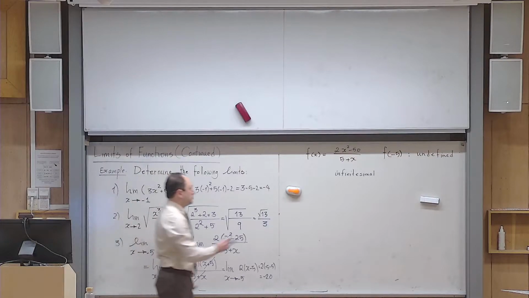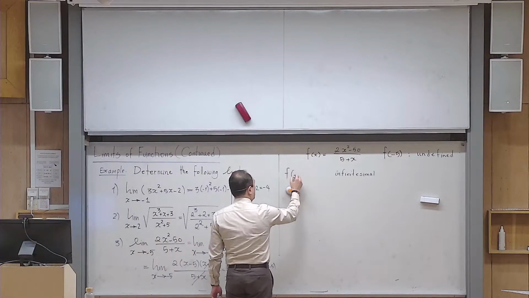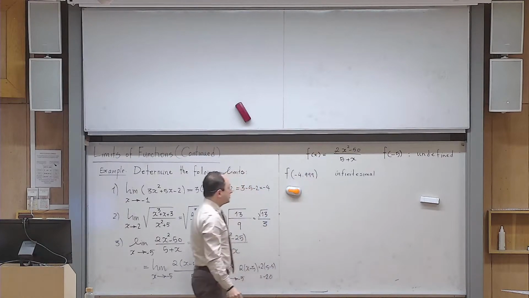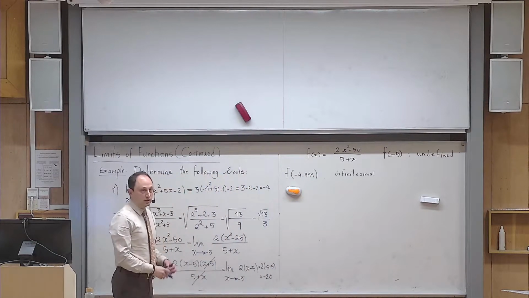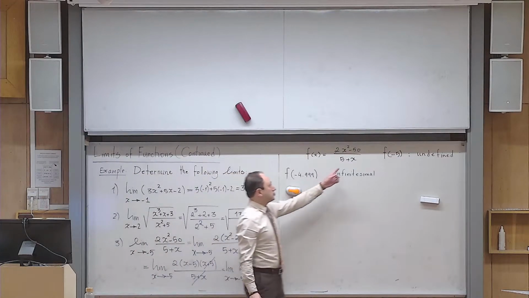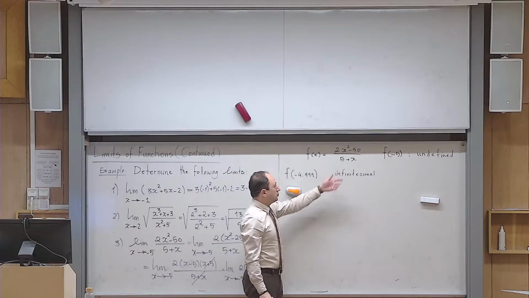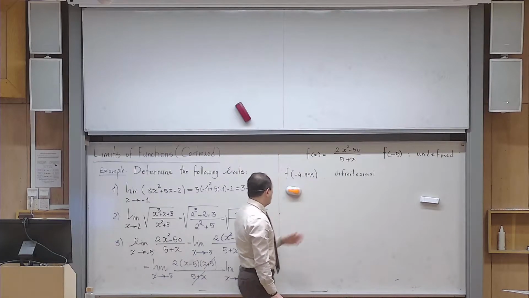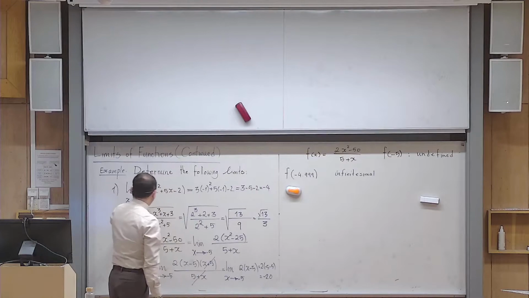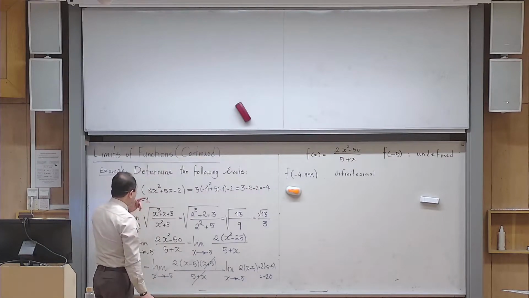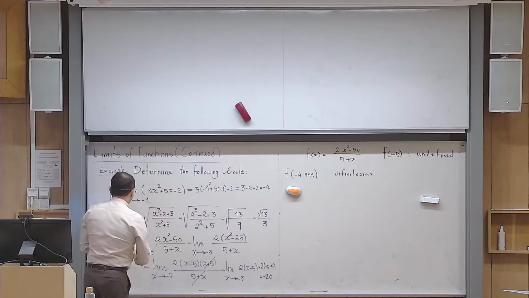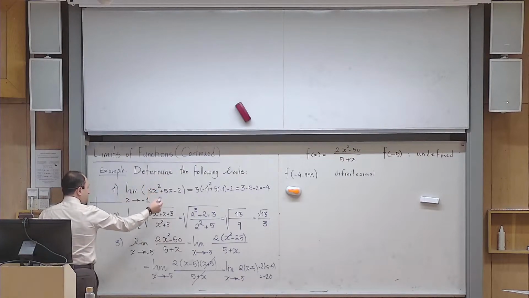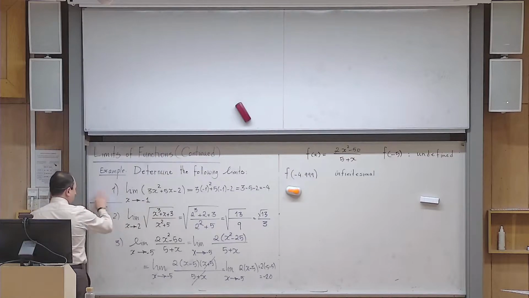If I give you f of minus 4.999, this is not undefined. So still you can take x and put this number in. You get a value. Yes? So that's the point. If you want to understand that, you have to be patient, because the limit is not a number, it is a process.